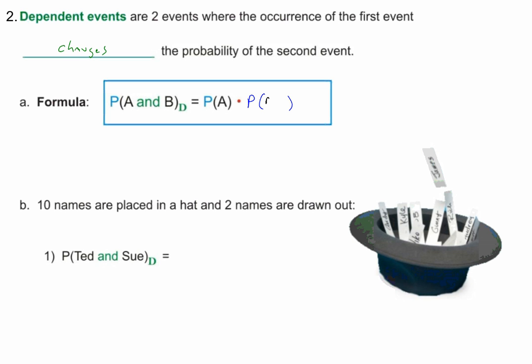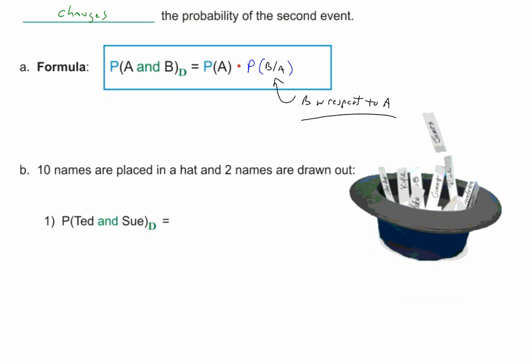The probability of B slash A. And all this simply means is B in respect to A. In other words, the probability of B is a little different because of what happened in A. A changes B.